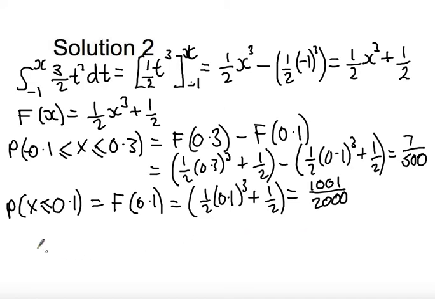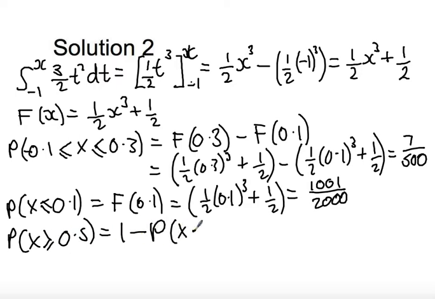Okay, so finally, let's find the probability x is greater than or equal to 0.5. So for this we do 1, the total probability, minus the probability of it being less than or equal to 0.5. So a little bit like we use the tables, I'm just going to do 1 minus F of 0.5.